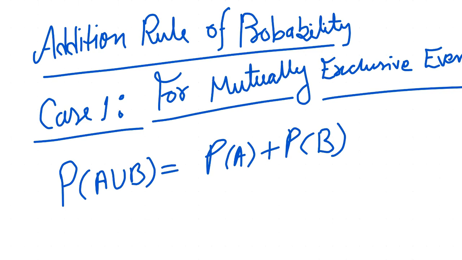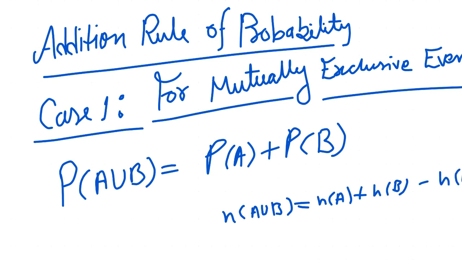Remember this formula: n(A union B) is equal to n(A) plus n(B) minus n(A intersection B). So here, instead of cardinality, we are taking probability. Because events are mutually exclusive, there is nothing in common, so this term will be zero. That is why we have this only.